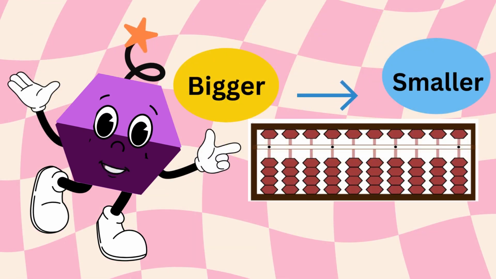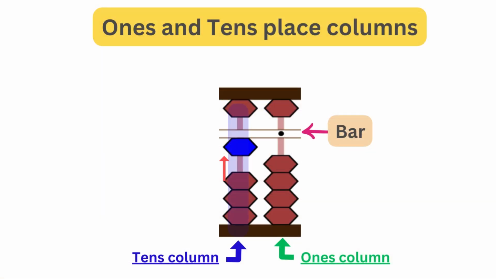Remember, when the number is more than a single digit, like in the tens, hundreds, and beyond, always start by reading the number with the highest place value. The tens place column is located to the left of the ones column. Look at this picture.